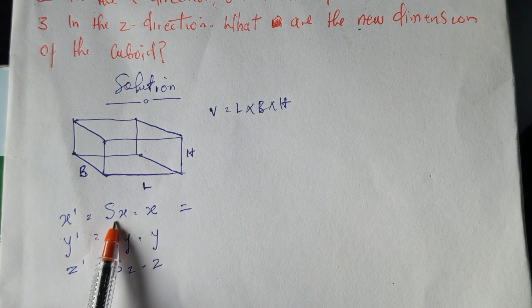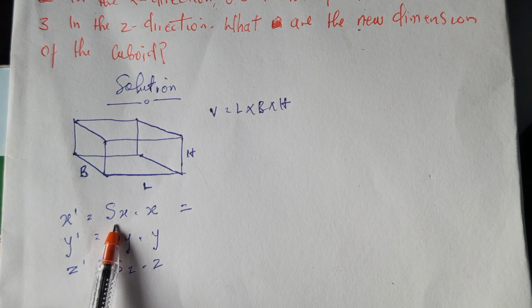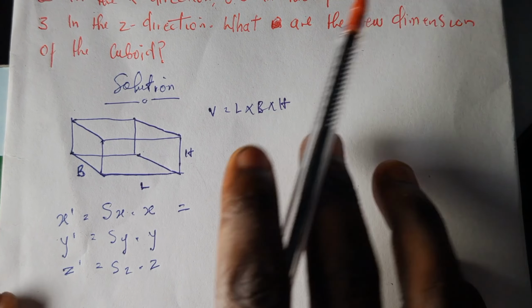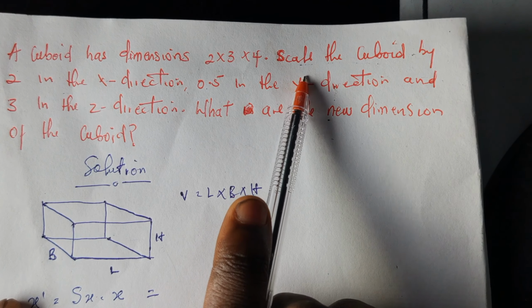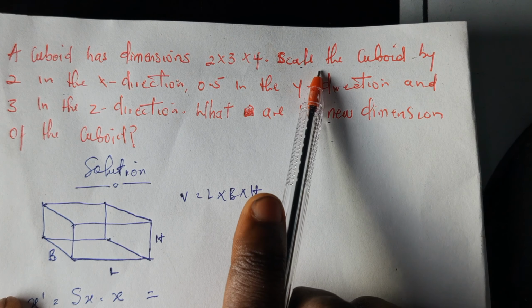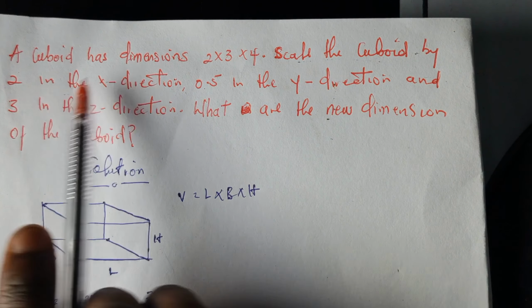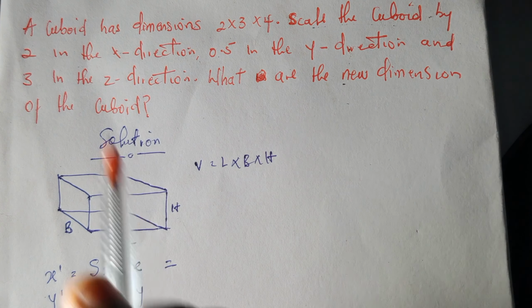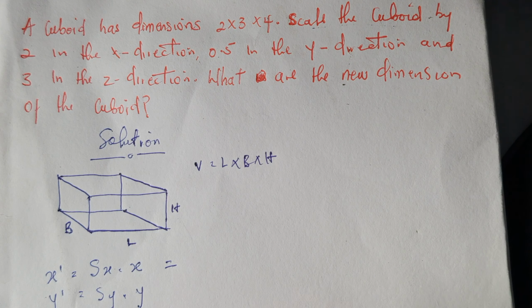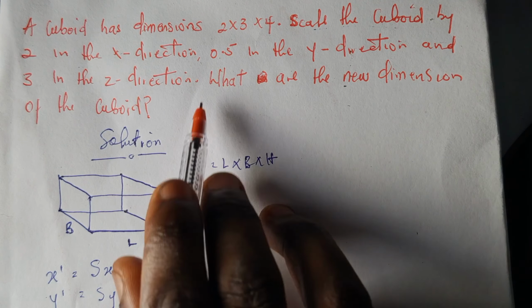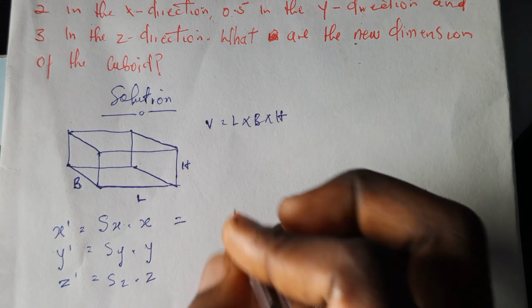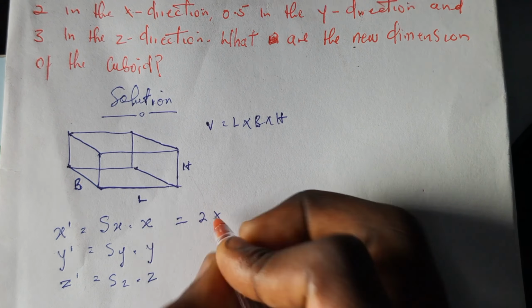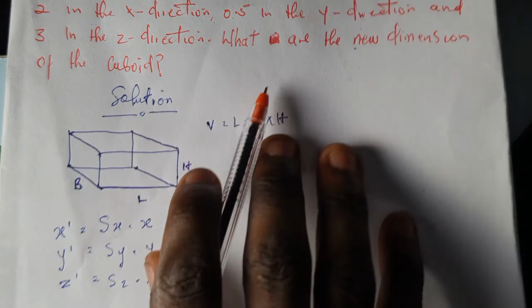So this will be equal to, now what's the scale factor of x? In this part here, they mention to scale the cuboid by 2 in the x direction, 0.5 in the y direction, and 3 in the z direction. What are the new dimensions? We can see that 2 is the scale factor of x. So this is 2 times my x.